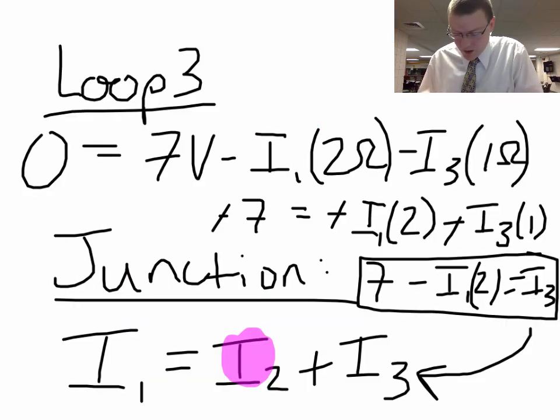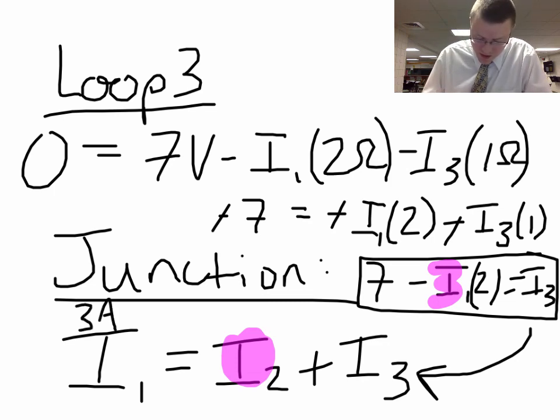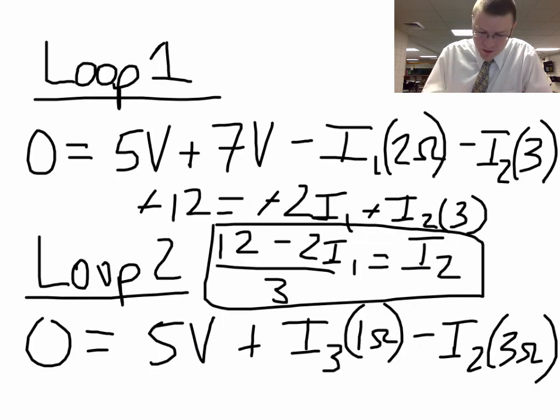So if we split that up, let's check I2 and I3. Well, for I3, I'm going to put in my 3 amps that I got from my last equation, and I have 7 minus 6. 7 minus 6 is going to give me 1 amp for I3. So I1 is 3 amps, I3 is going to be 1 amp. That means that I2 better be 2 amps. Let's go check this one and put 3 amps for I1 in there.